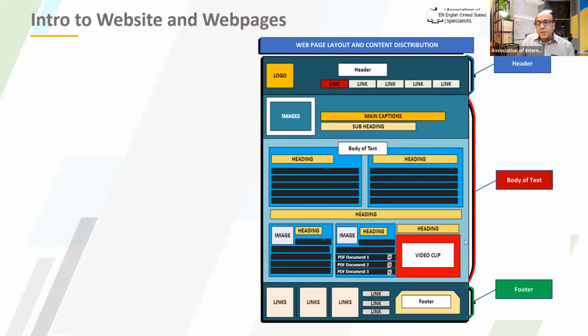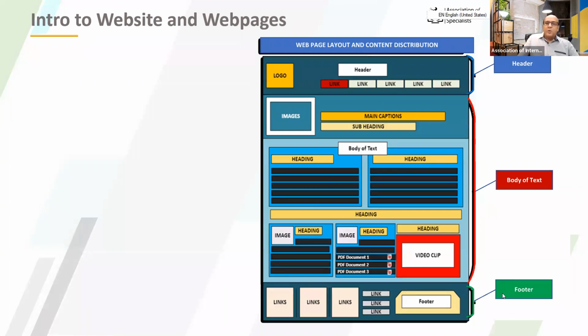The second part, the body of text, carries information that is of non-meta nature, which means it is not talking about the site overall or the title of the website. It is giving you more details and other types of content that are separate from what is typically held in the header. Okay. So this is the middle portion.